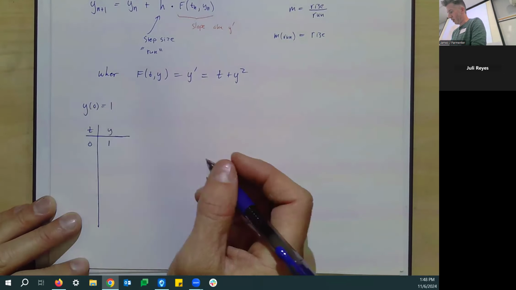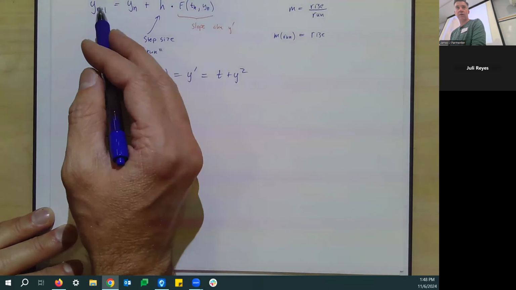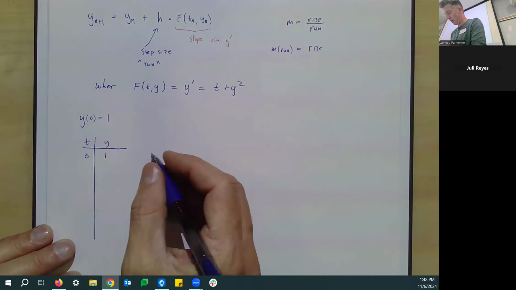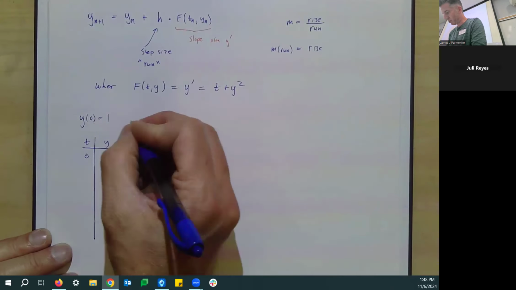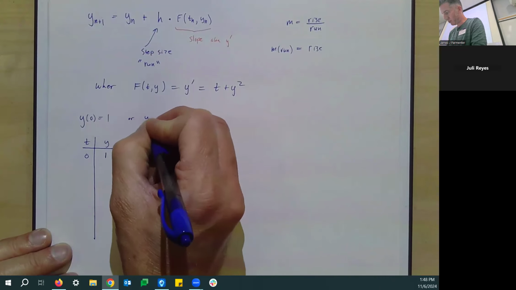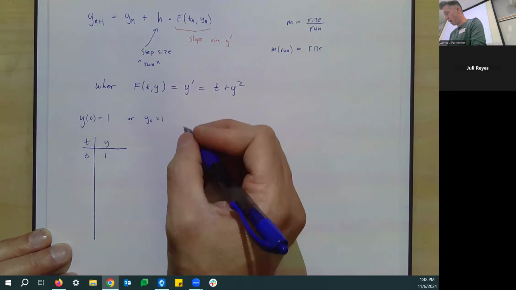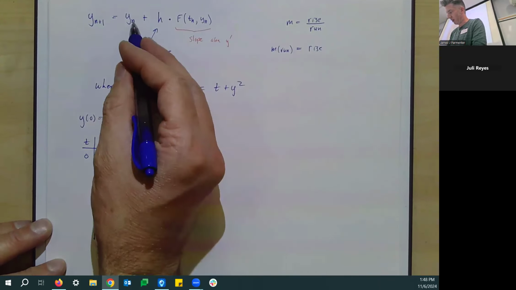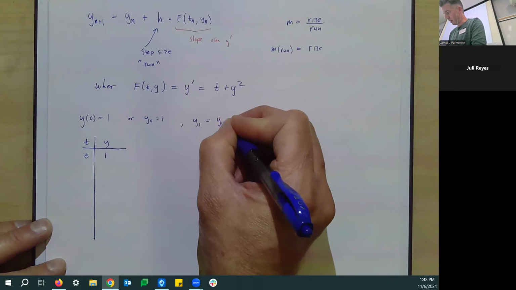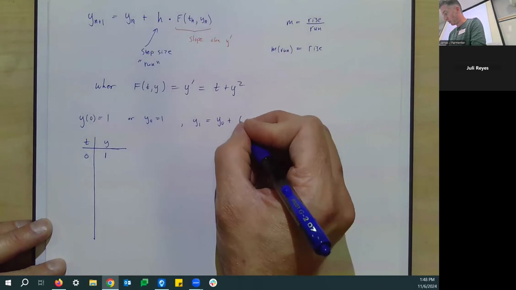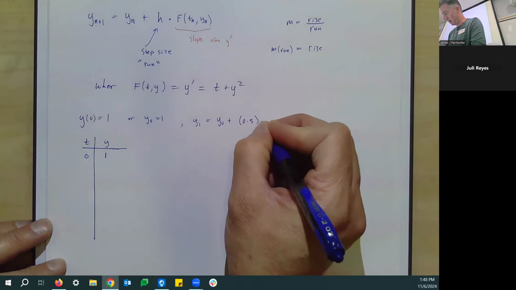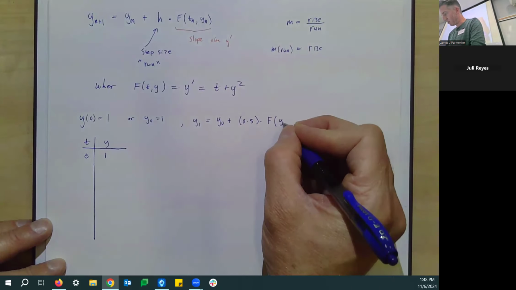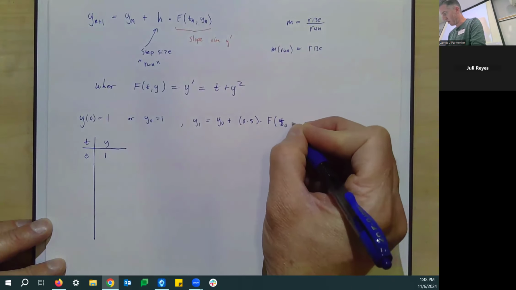If y of 0 equals 1, I might call this y sub 0. To find y sub 1, the next value, it's going to be my previous y value plus my step size, which we said was 0.5, times f of my previous t value and my previous y value.